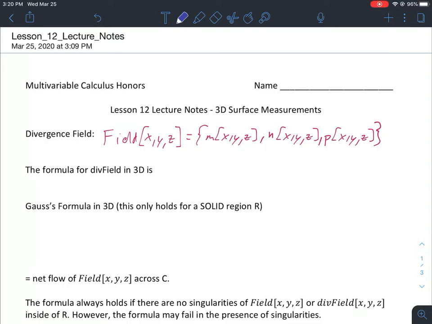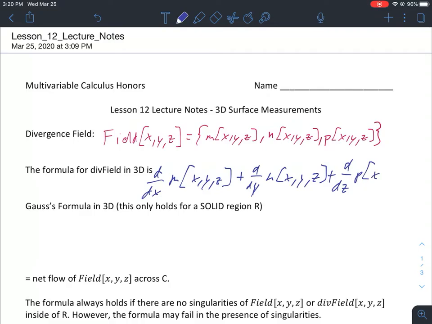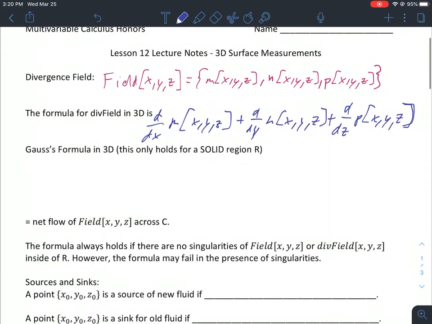So in 3D, we're looking at the derivative of m with respect to x, the derivative of n with respect to y, and the derivative of p with respect to z, added together.